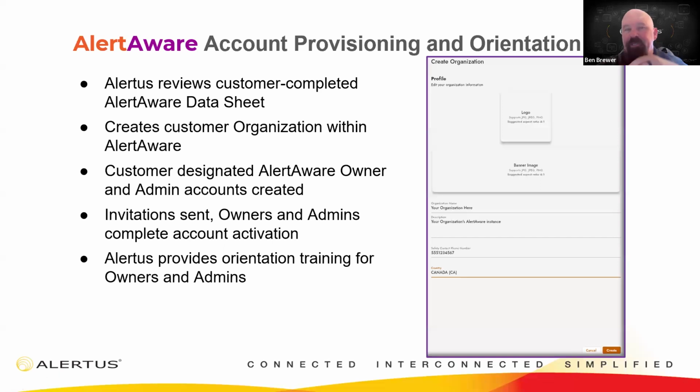So when we get that data sheet back from you, we're going to provision your Alertaware instance, and we'll stand that up. And what you see on the screen is what we'll be going through to create an organization. We are going to give your organization the name that you have with us as a customer, unless you designate otherwise. There will just be a brief description in there that you'll have the ability to modify once we've given you the keys to the system, if you will.